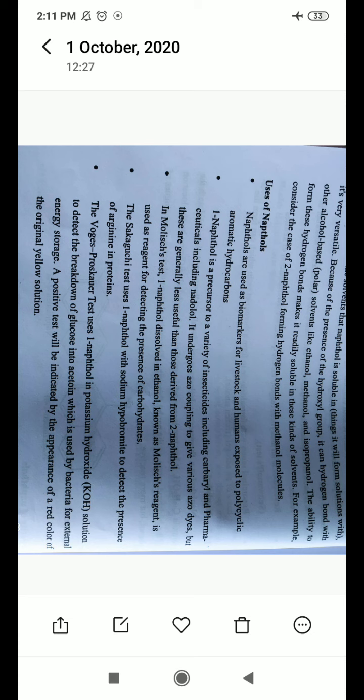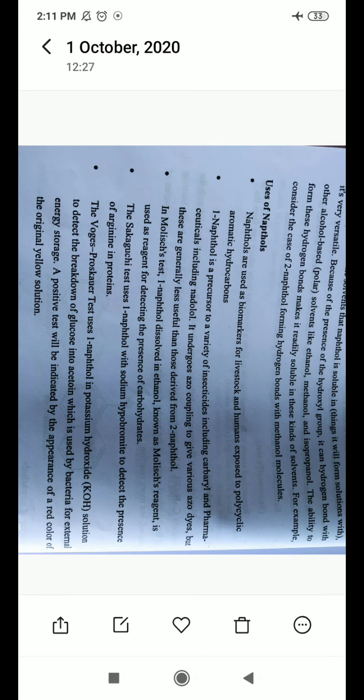If any term or reagent like the Molisch test or Selivanov's test comes in front of you, you should be eager to learn what the composition behind it is. You should search and come to know the composition of the particular reagent. So what is the composition of the Molisch reagent?